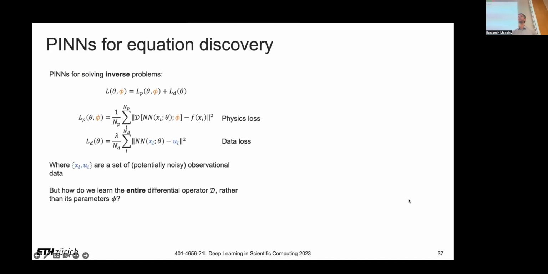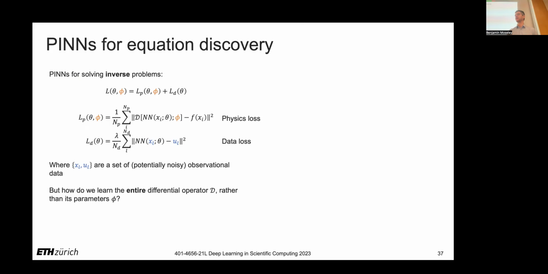Okay, so let's go one step further, and this is the last part of the lecture. Instead of just learning single parameters in my differential equation, can I actually discover the differential equation itself? This is going into the area of learning physics, or learning the underlying laws of systems.